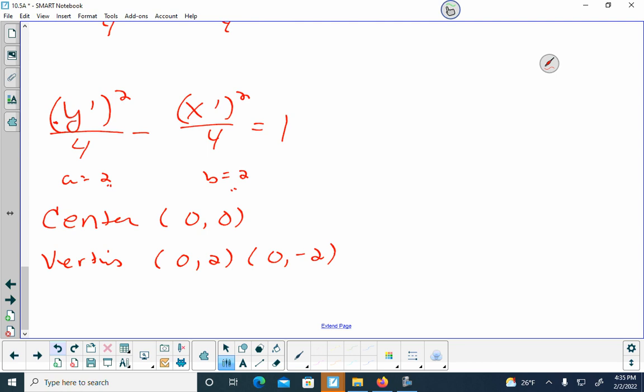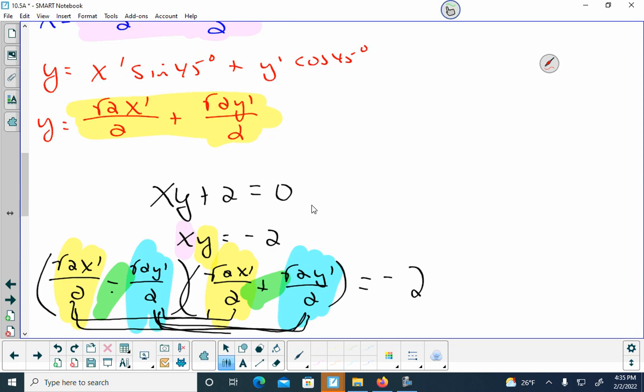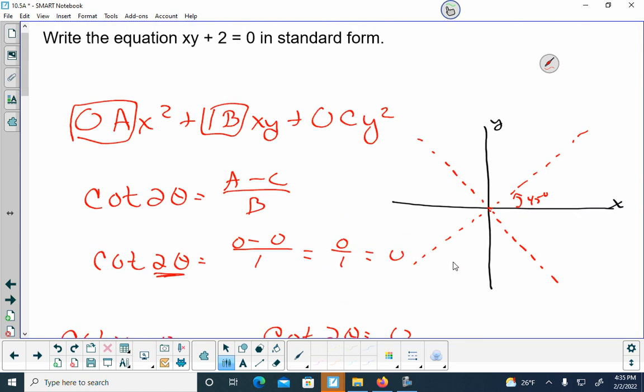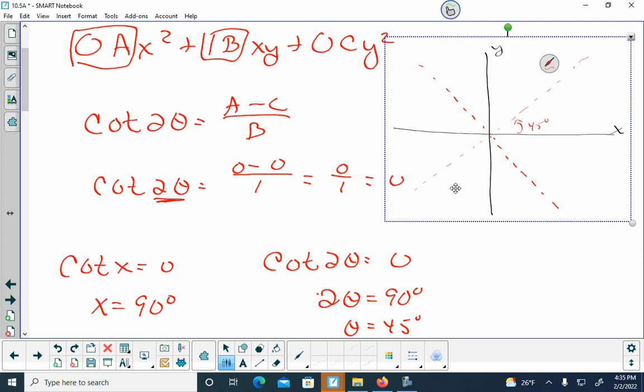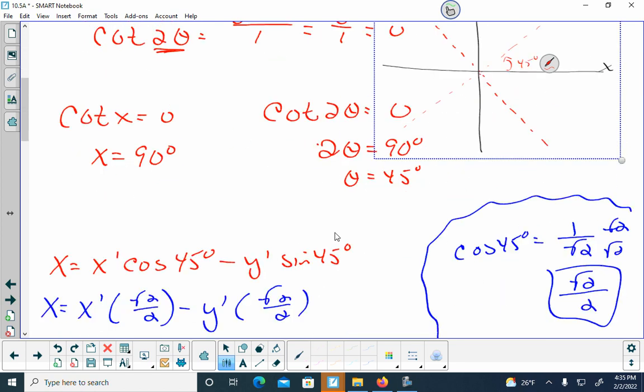So now I'm going to go way back up to that picture that I originally drew at the beginning of this. So going here, this is my beautiful picture where I was rotating my axes. I'm going to grab it, and I'm going to bring it down here with me.